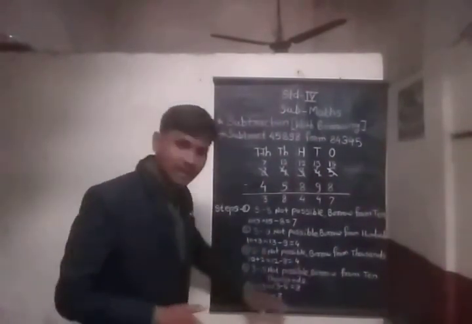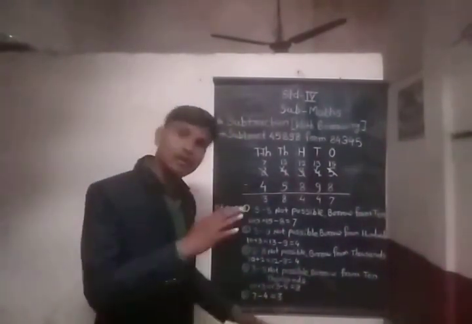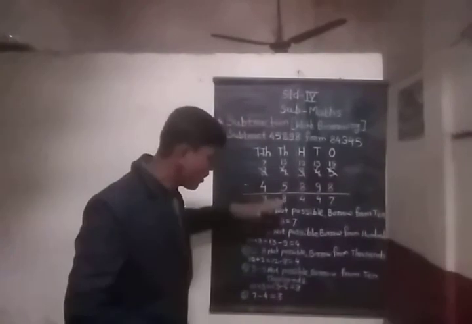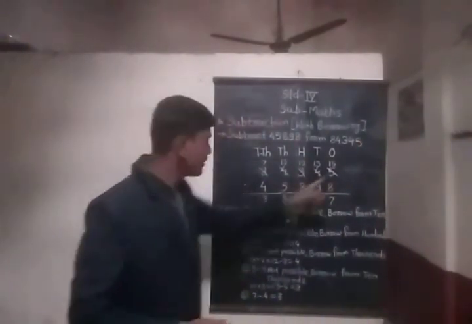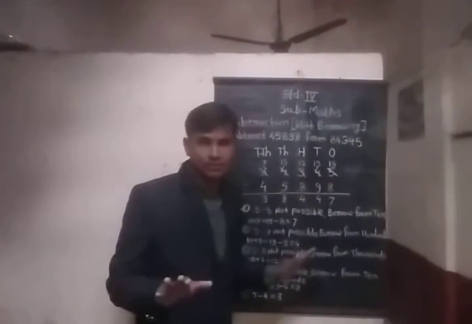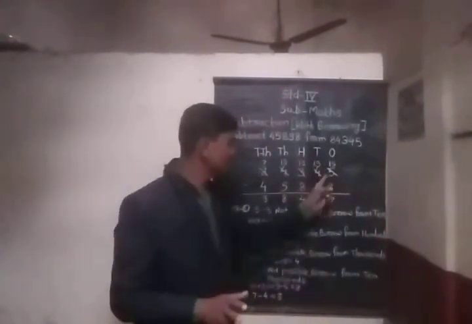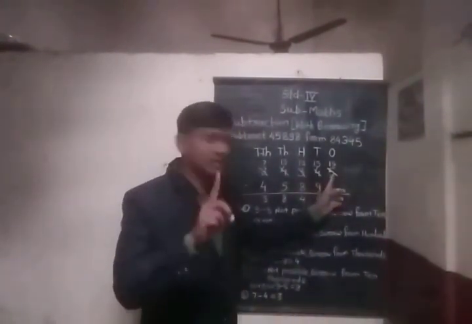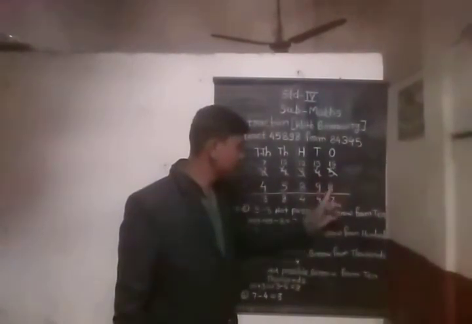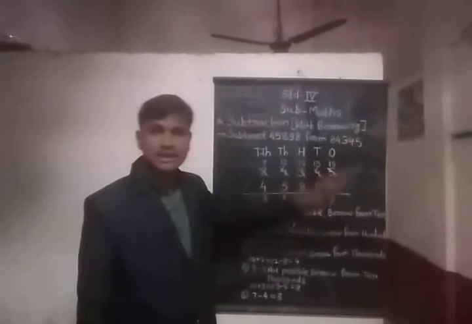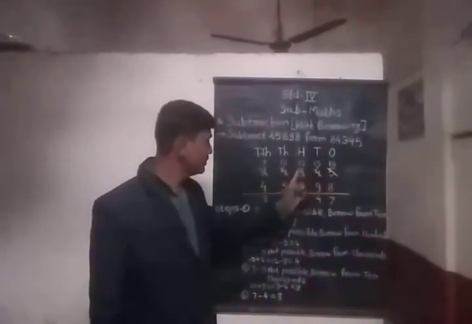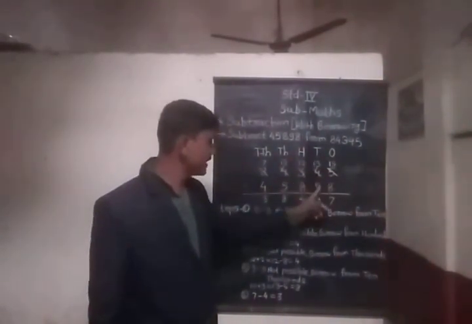There is an easy way to solve this, and I will tell you that also. After this step, there are again examples. You should solve it like this only. Here 5 minus 8 is not possible. I told you that we know this, so directly you should take a carry, meaning only 1 you should take. Here 15, 15 minus 8 is 7. Now here 3 minus 9 is not possible, so again we have to take a carry from the next place. Here it is 2 and that 1 here, so 13 minus 9 is 4.